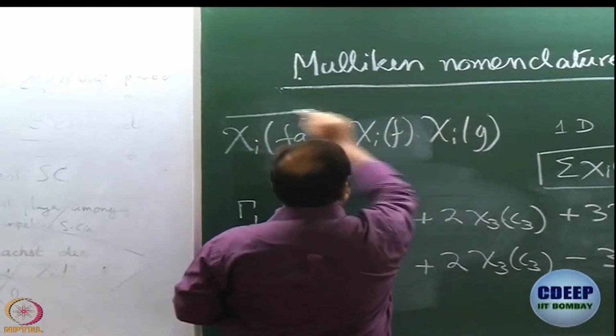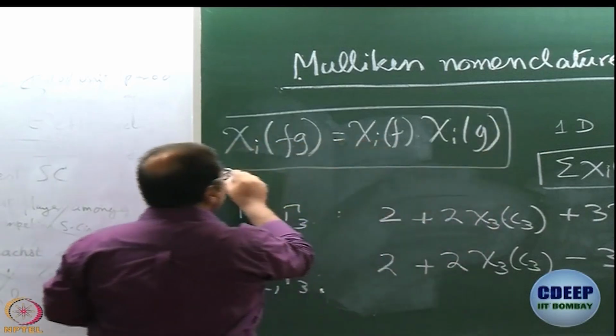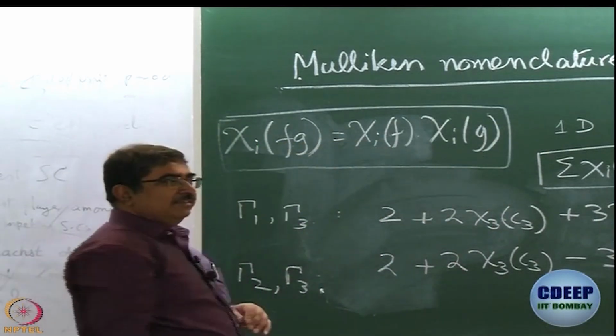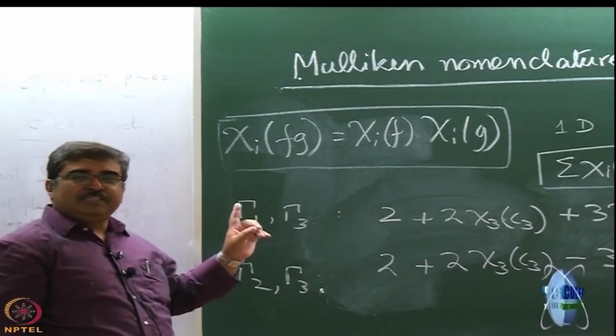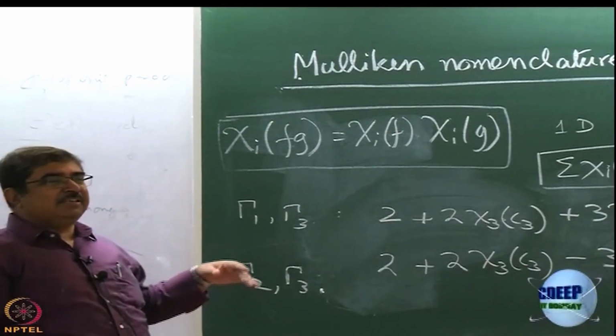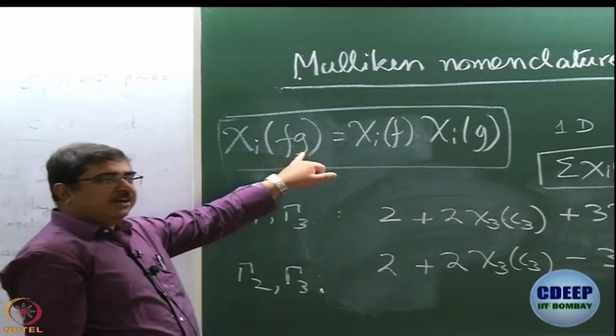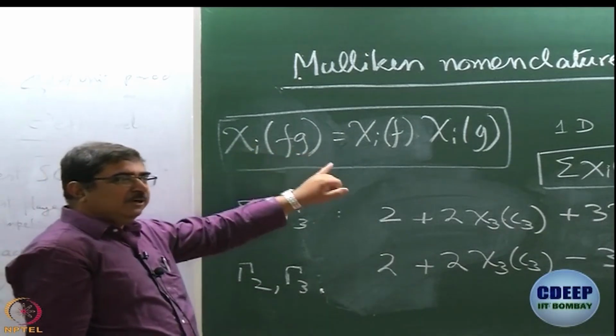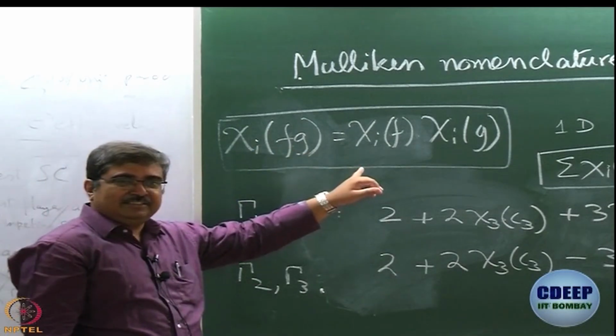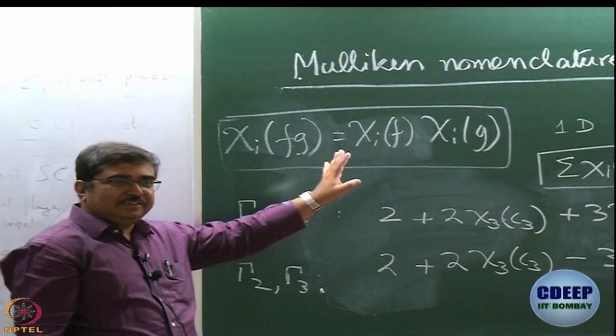Well, derivation is not even required for this, it comes from common sense. Chi i, the character in the ith irreducible representation, for a product of two functions, the character of a product is equal to the product of characters. That is what we are using.